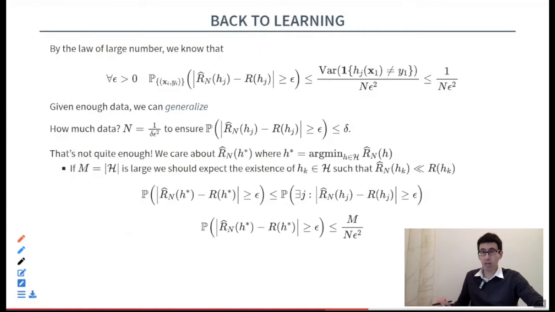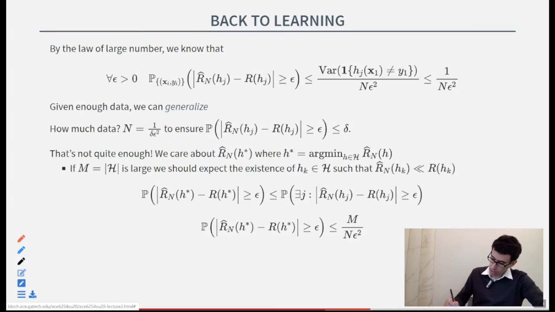And unfortunately for us, the only tool at our disposal is something called the union bound, which is a terrible bound that will lead to us upper bounding the probability that the empirical risk of H star exceeds the true risk of H star in absolute value by more than epsilon by m, the size of the hypothesis set, times e to the minus n epsilon squared. So let me prove that statement. It just requires one line. That statement is obtained from the previous one as follows.